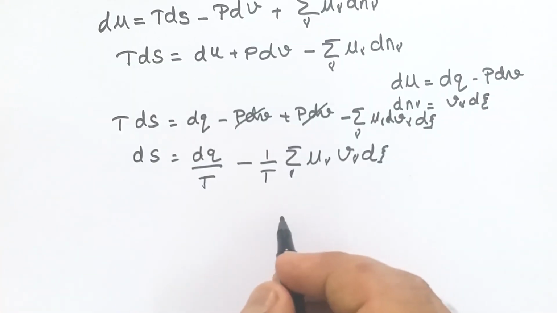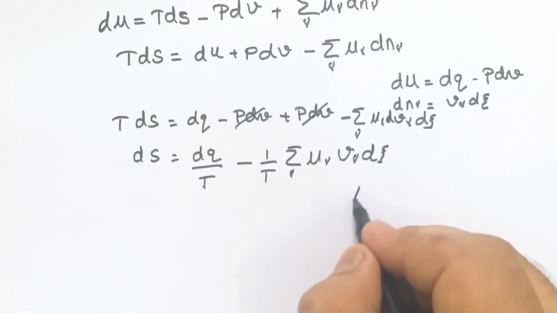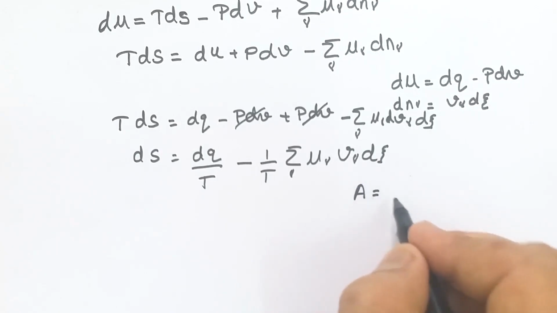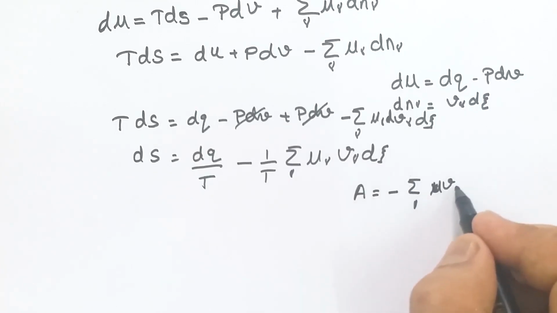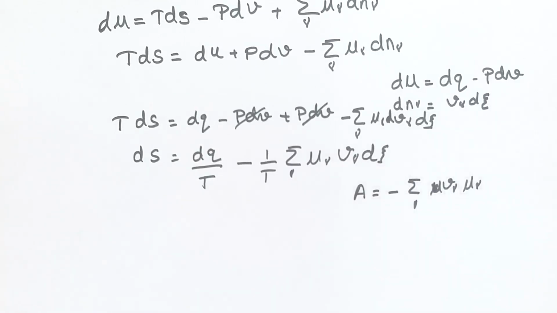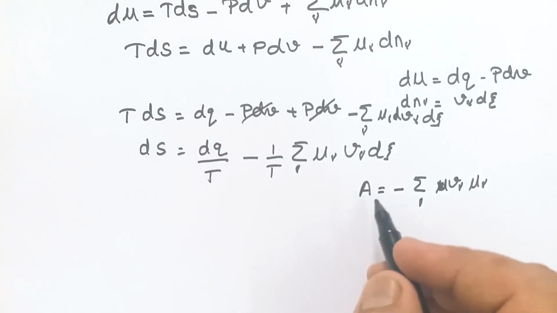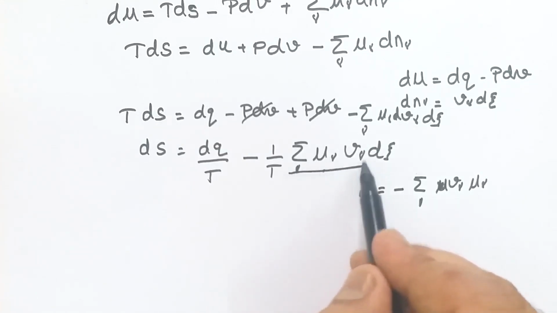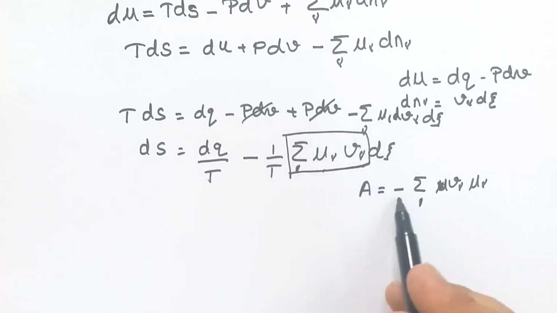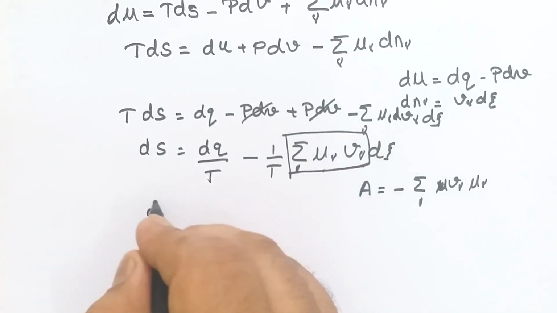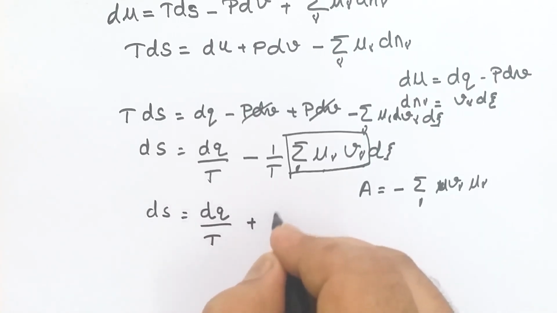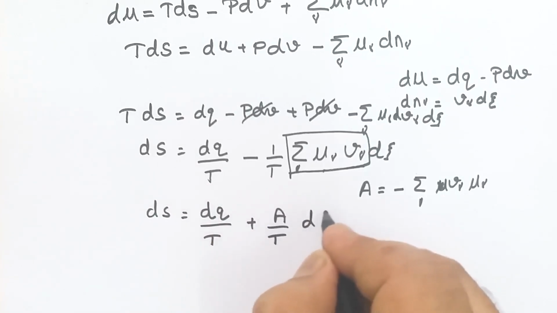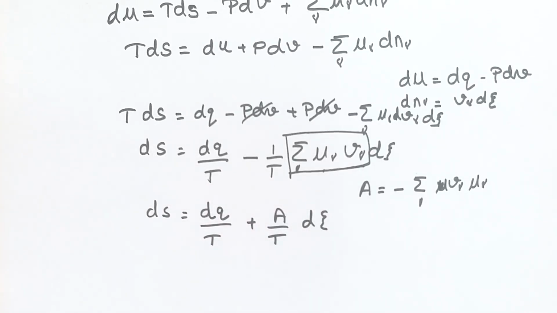The affinity for a particular chemical reaction, which we also saw in our previous video, is written as A is equal to minus summation of mu gamma into nu gamma. So in place of these terms we will replace the affinity, and minus minus will be a plus sign, and hence our expression becomes dS is equal to dQ by T plus A by T into d psi.